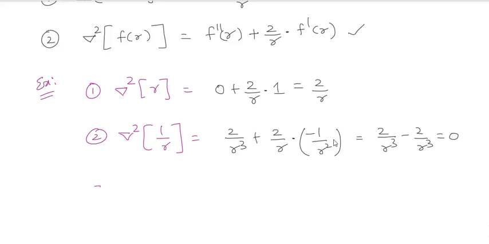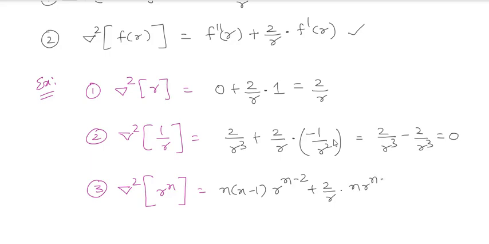Next, let me take another value. Del square of r to the power of n, you calculate. Take down f double dash. F dash of r power n is n into r power n minus 1. Am I right or not? Again, the second derivative is n into n minus 1 into r to the power of n minus 2, then plus 2 by r into n into r power n minus 1.